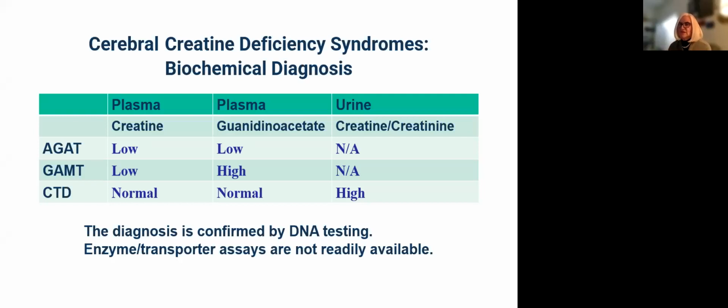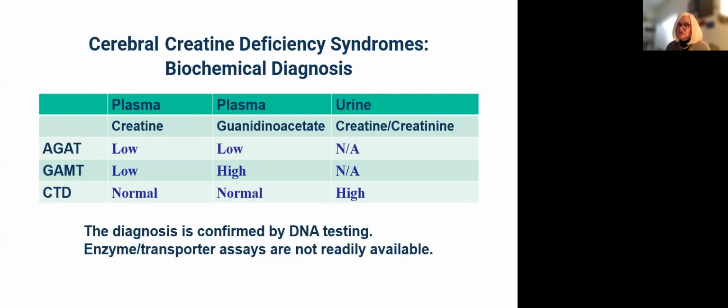If you are trying to identify a patient with cerebral creatine deficiency syndrome, you need to use both plasma and urine and measure creatine and guanidinoacetate in both specimen types. AGAT and GAMT deficiency are identified better with plasma. In both cases, you're going to see a very low creatine.